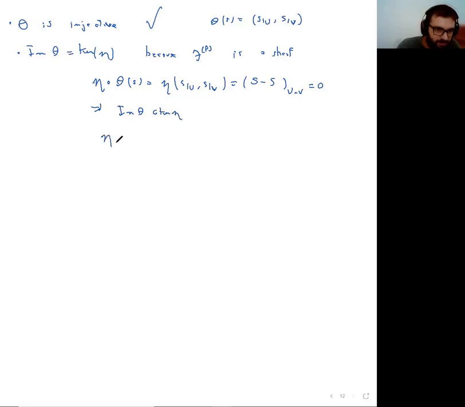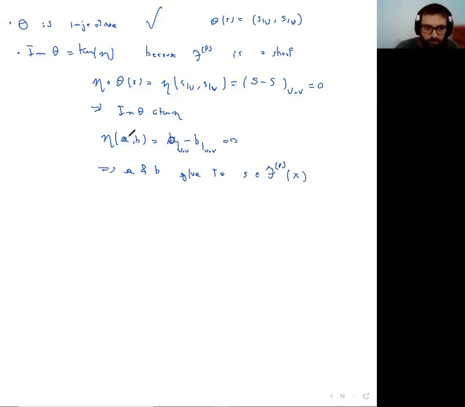And vice versa, eta of (a, b) equal to a minus b restricted to the intersection being zero implies that a and b glue to a section on X. You have a section on U and a section on V, and they are the same on the intersection of U and V, so there exists a section s such that if you restrict it, you get a and b. This is the second property of sheaves.